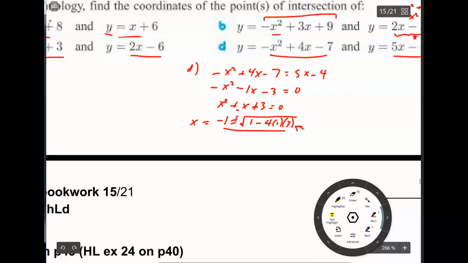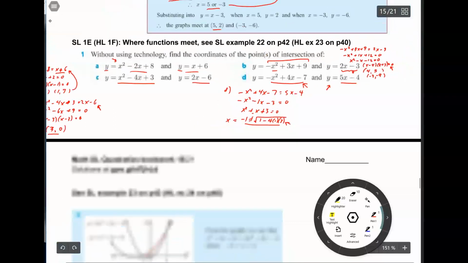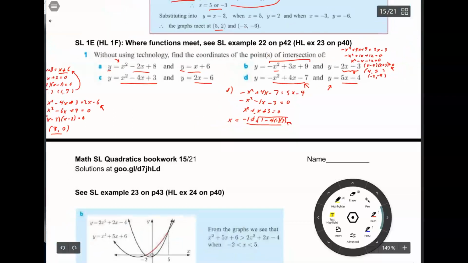So the inside of the square root becomes an imaginary number, and so there are no real solutions to this, which means that actually this quadratic and this line do not intersect. So if they don't intersect, then I can't find the points of intersection. Okay, this is kind of a trick question because they said to find the point of intersection, but there is no point of intersection.